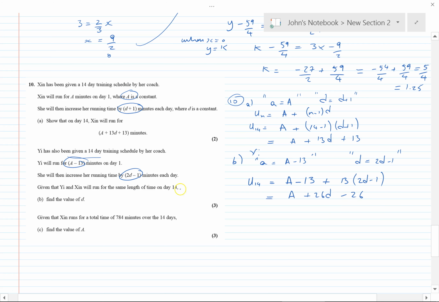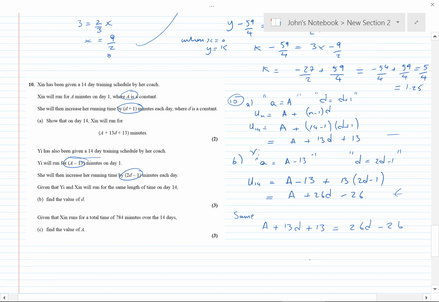And it says, given that they run the same length of time on day 14, if they're the same, then we've got to have these two the same. So that gives us A plus 13d plus 13 has got to be equal to 26d minus 26.